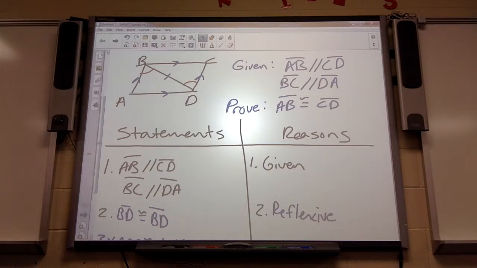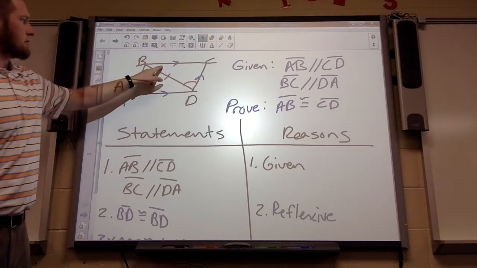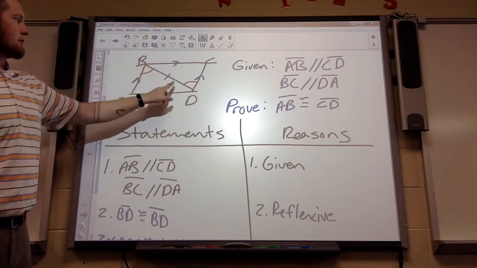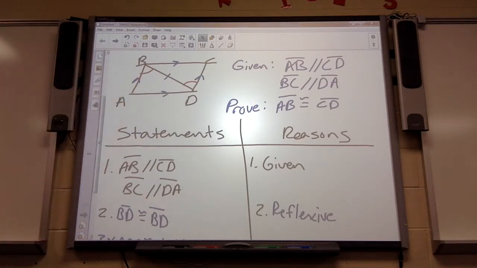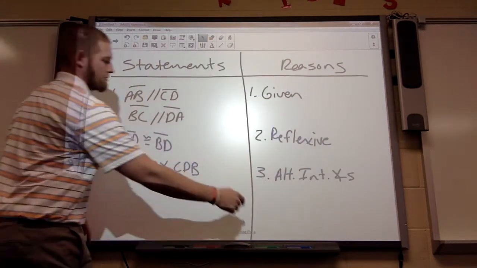If you know the answer to that question, raise your hand. If not, talk to your neighbor and try to figure that out. Can I prove that CBD, this angle here, is congruent to ADB right here? You should have come up with yes, using our same reason.